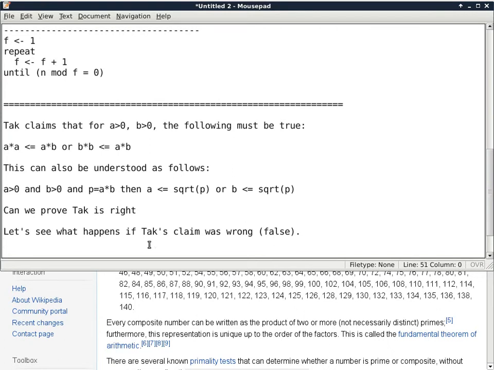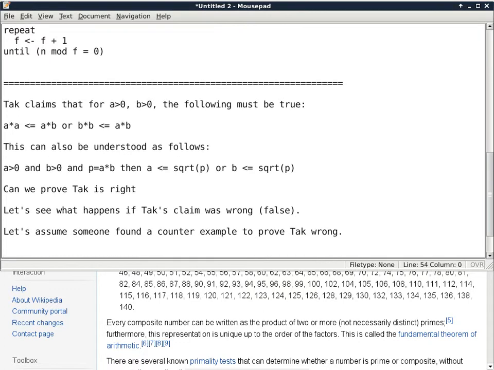So if I was wrong, then somebody can find a counterexample, right? To say, hey, I just found these two numbers here where this theorem is not true, right? So let's say somebody found a counterexample to prove the claim wrong. What does that imply?